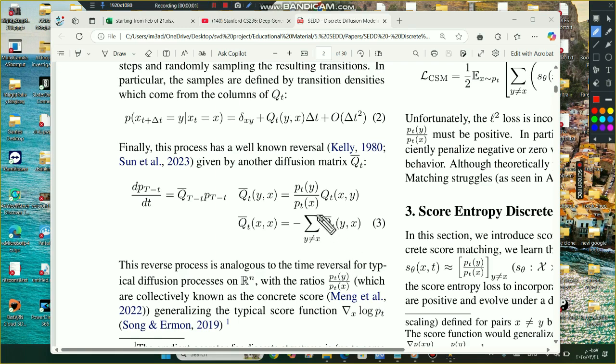All right, let's dive into finding Q inverse once again. Let me remind you what we are talking about.